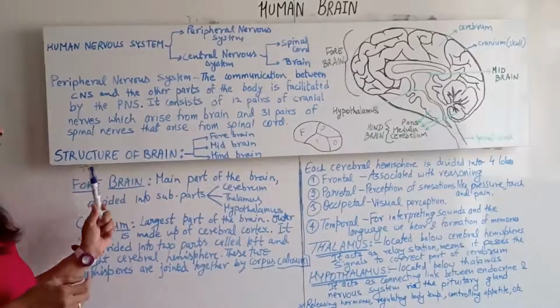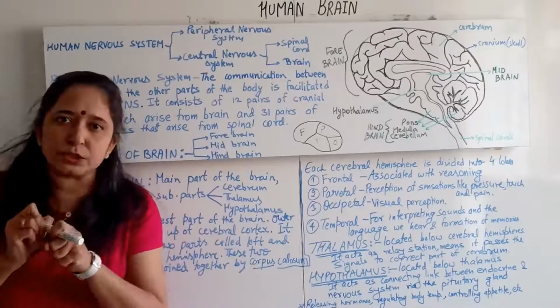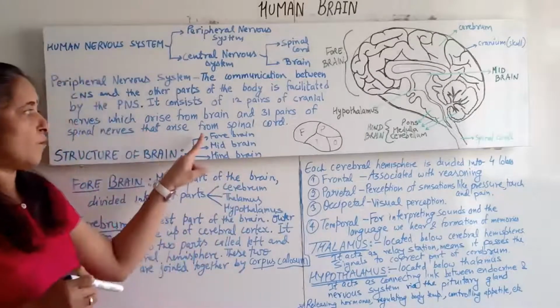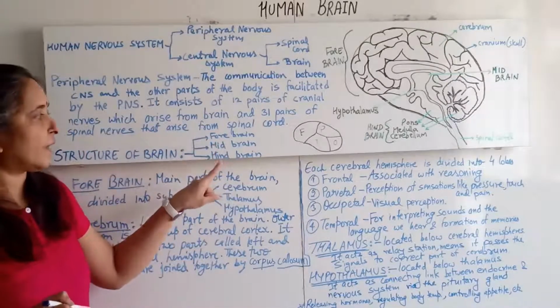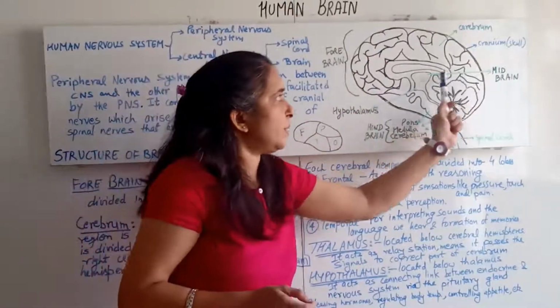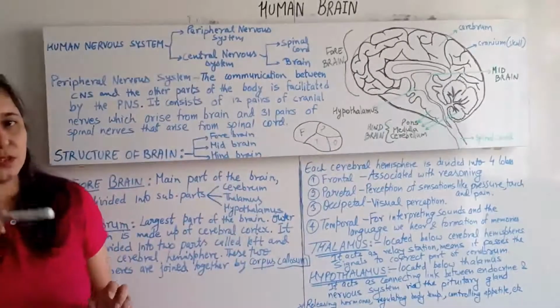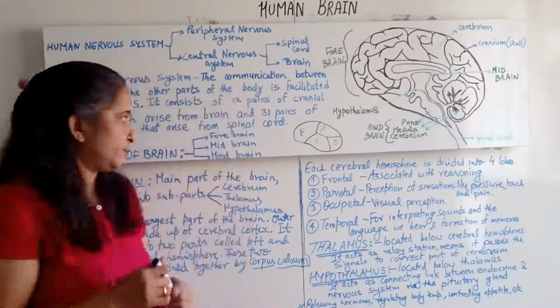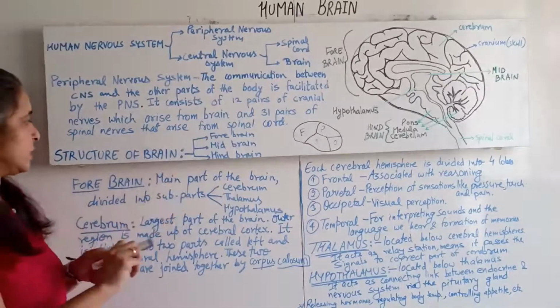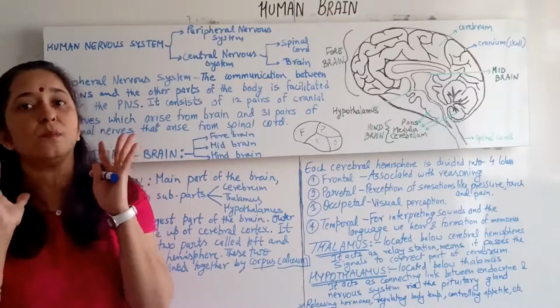Now, structure of the brain. Our whole brain is divided into three parts: forebrain, midbrain and hindbrain. This is the forebrain, this one the midbrain and this is the hindbrain. Three parts of our human brain. So one by one. The first one is the forebrain, which is the main part of the brain.